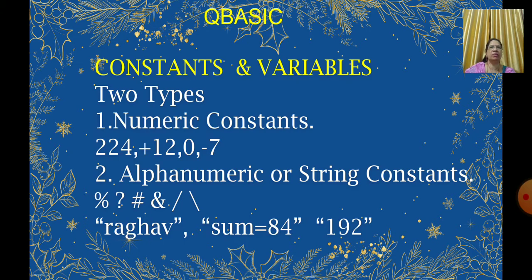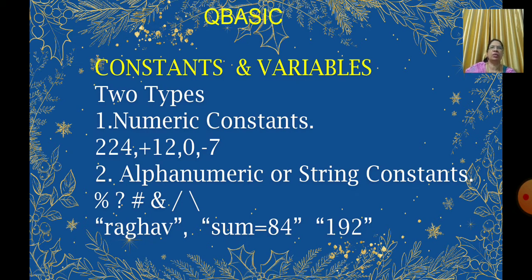An alphanumeric or string constant consists of sequences of characters, that is A to Z, again 0 to 9, and certain special symbols. In a numeric constant we are not using special symbols, but in an alphanumeric or string constant we are using numbers as well as capital letters as well as special symbols like percentage, question mark, hash, forward slash, backslash.